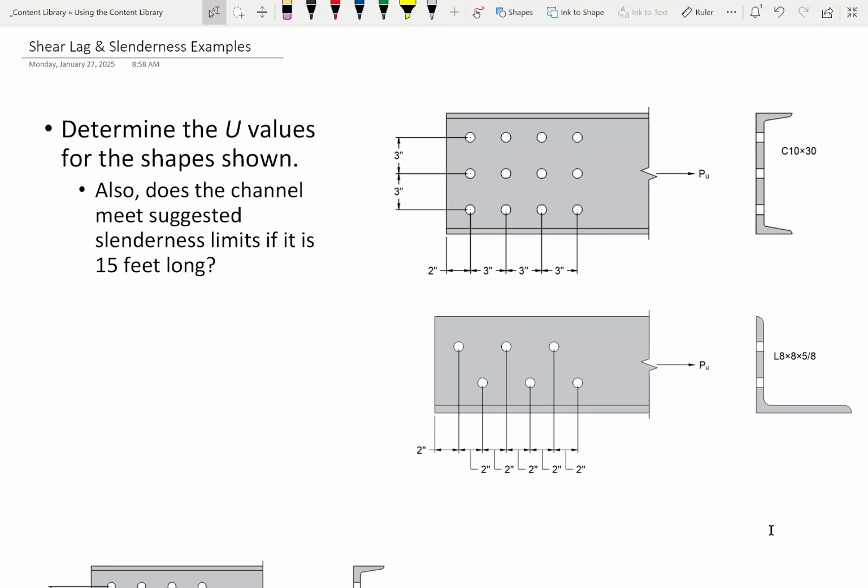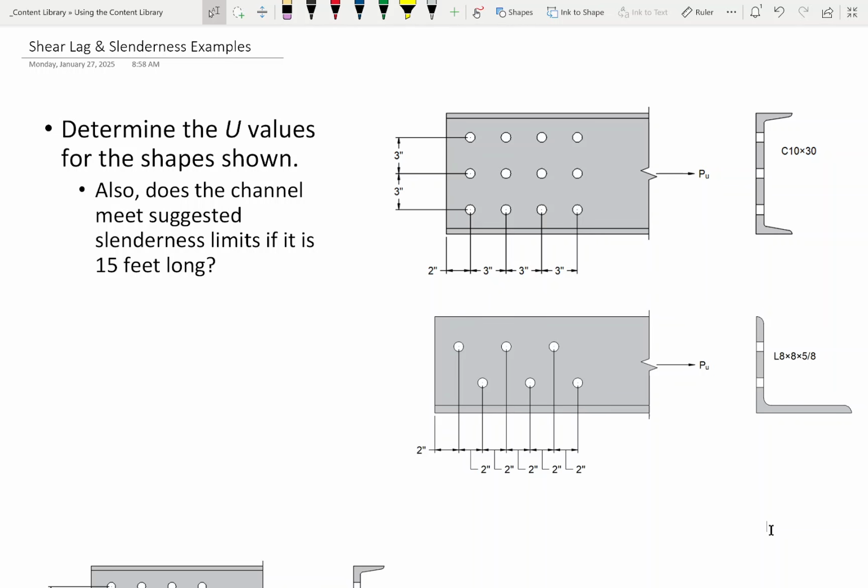I'm also going to determine if it meets suggested slenderness limits, if the member is 15 feet long. We're also going to look at computing U for this angle. So I threw in a parallel bolt arrangement and a staggered bolt arrangement. Okay? Does that sound good?